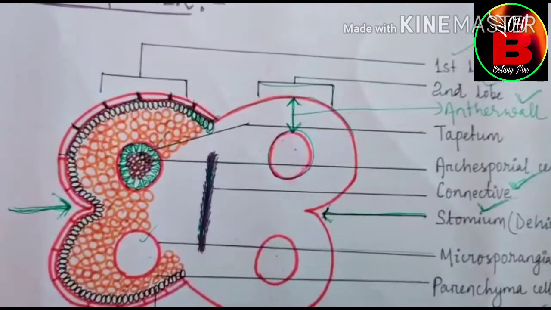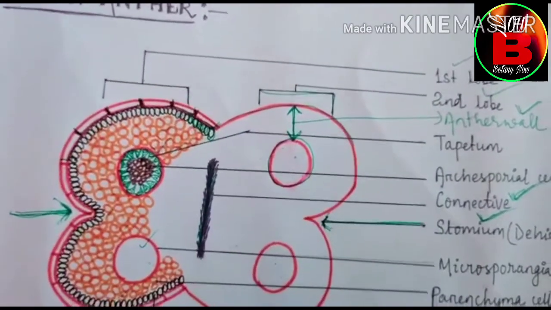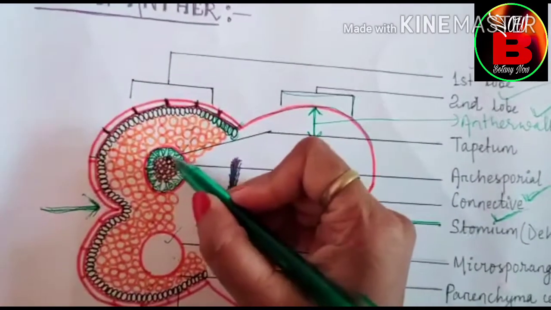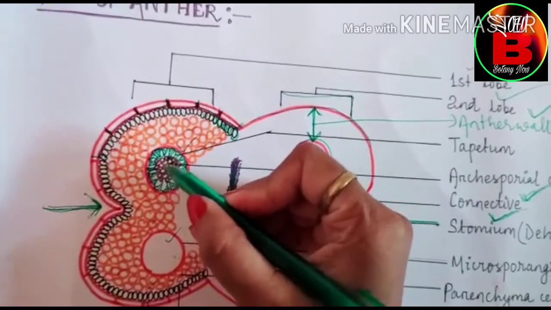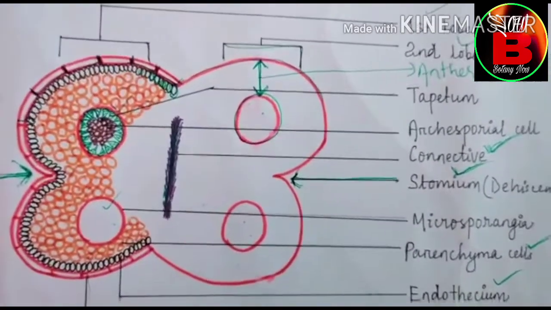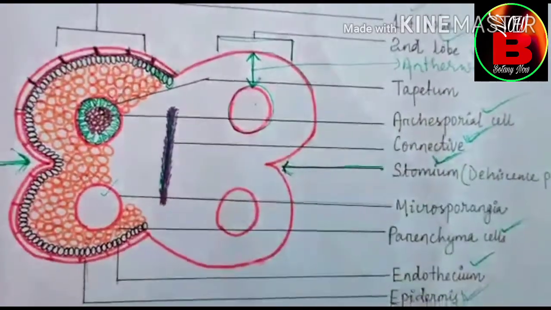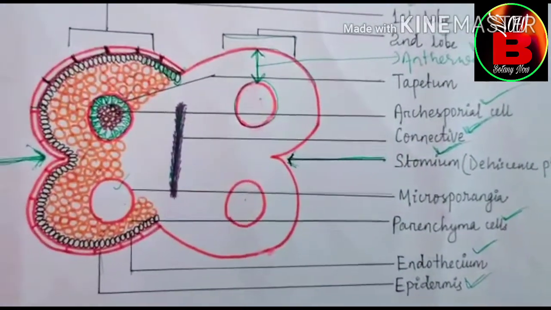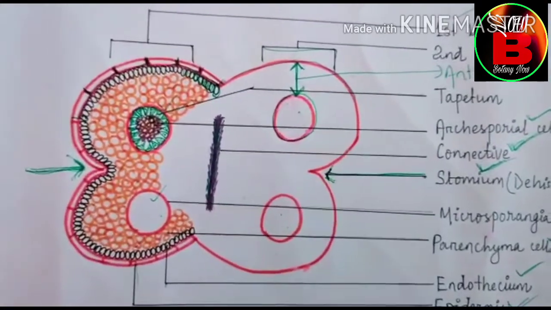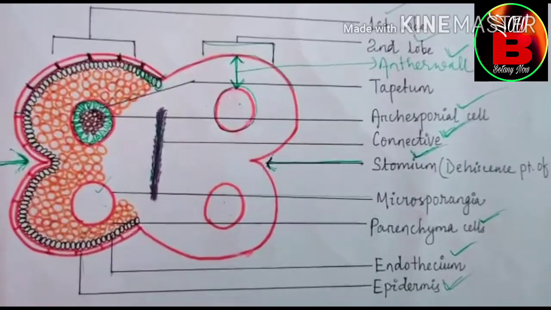Inside the young anther, there are cells which are tightly packed. So these cells are called archesporial cells. These archesporial cells help in the formation of microspores, or the pollen grains.